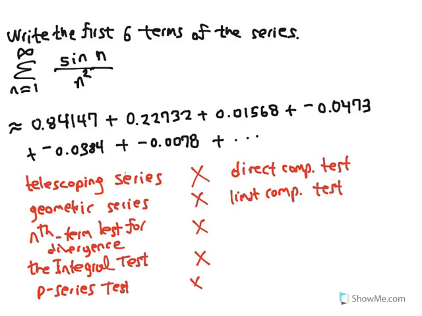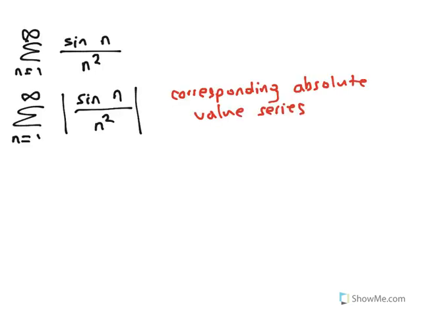The direct comparison and the limit comparison tests apply to series with positive terms. We have a series that also has negative terms, so we cannot use those tests either. And as we saw, this is not an alternating series, so we cannot use the alternating series test either. So the question is, how can we determine if this particular series converges or diverges?